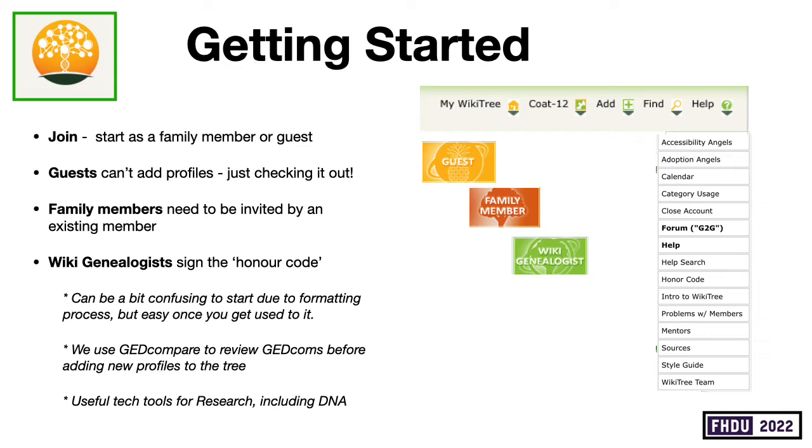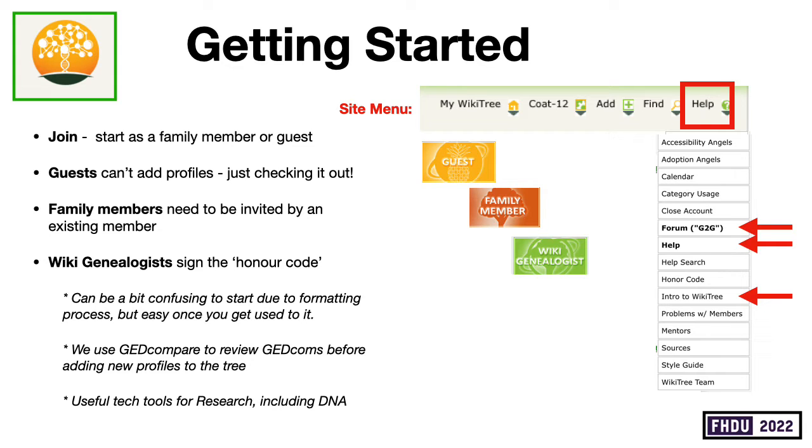And there's a lot of junk that comes in with GEDCOMs, so we're aiming to look at the profiles as they come in and remove that junk information from them before adding them to Wikitree. So there's a process to review that before you add the particular profile to Wikitree. That's ensuring that we have profiles that look nice as well as contain valid information. There's also a lot of good, useful technical tools on Wikitree, which we will talk about as we move through.